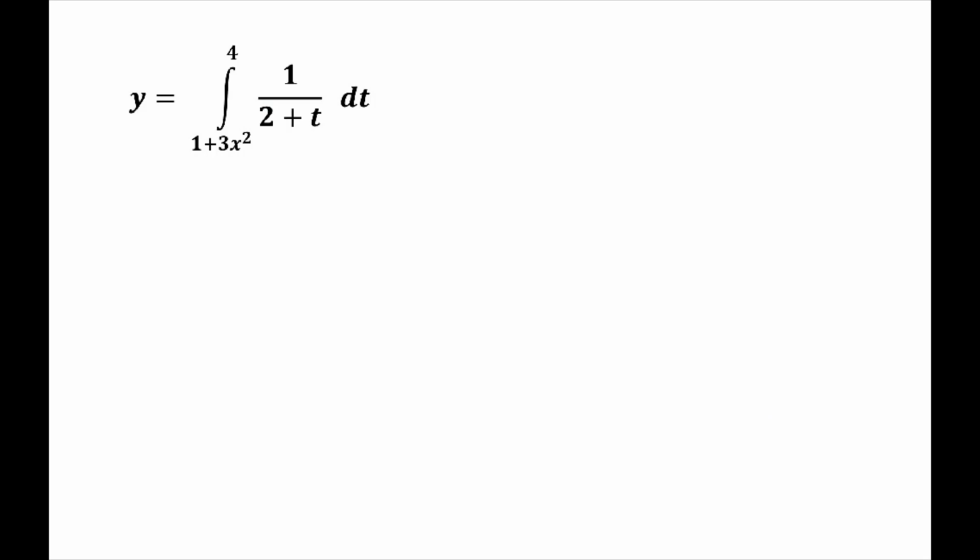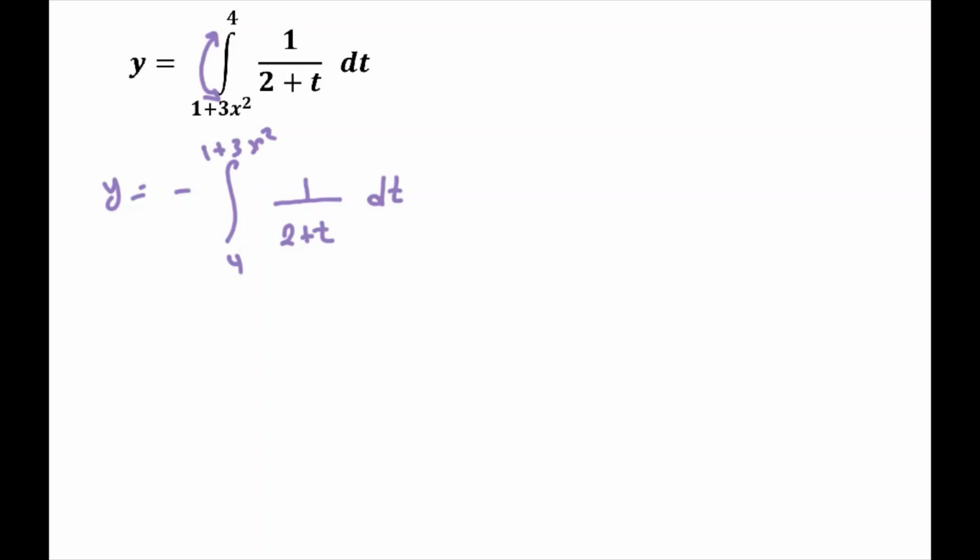Let's try this one here. Again, we need to take the inverse, so I'm going to switch between these two limits, and that's going to be y equals negative the integral from 4 to 1 plus 3x squared of 1 over 2 plus t dt.